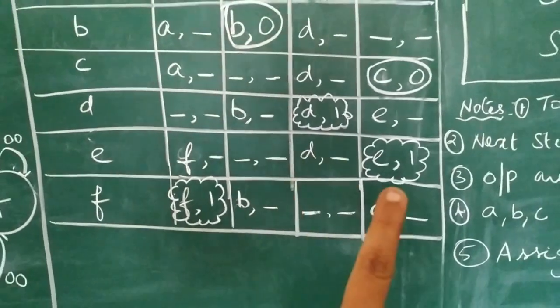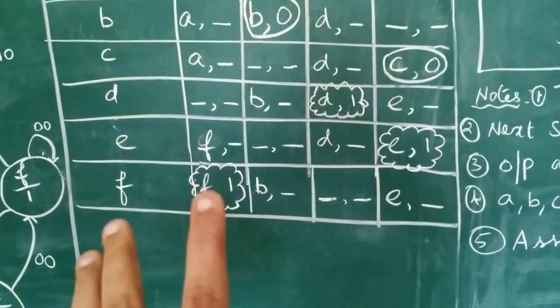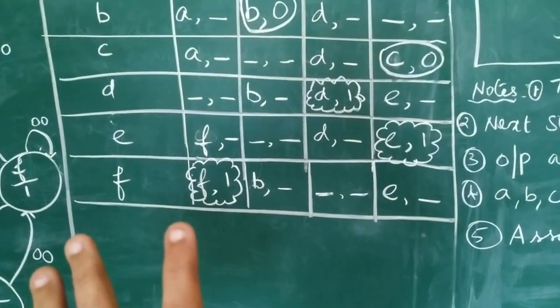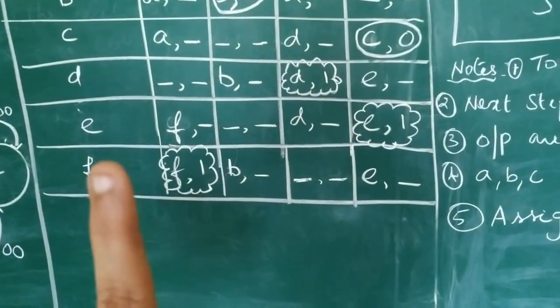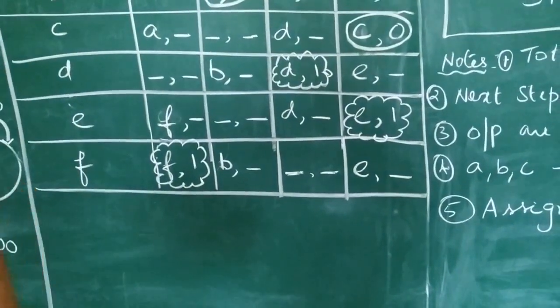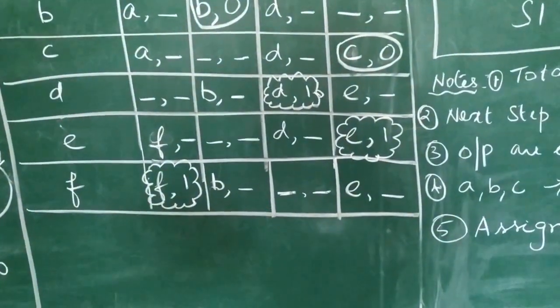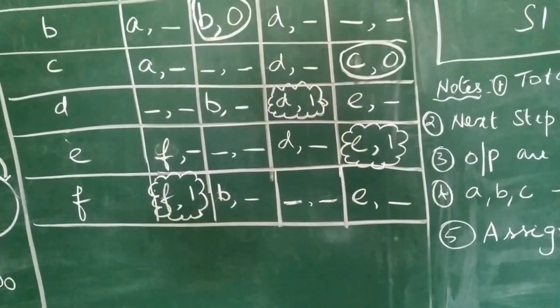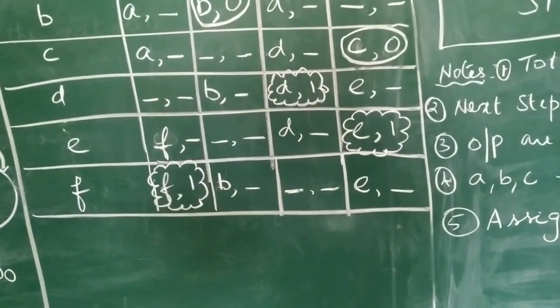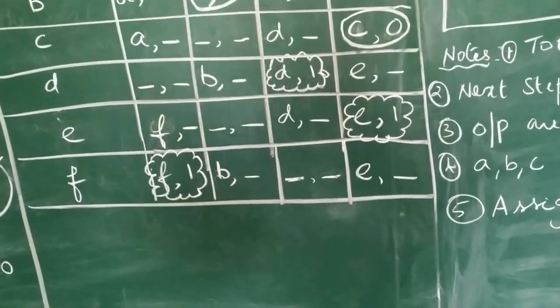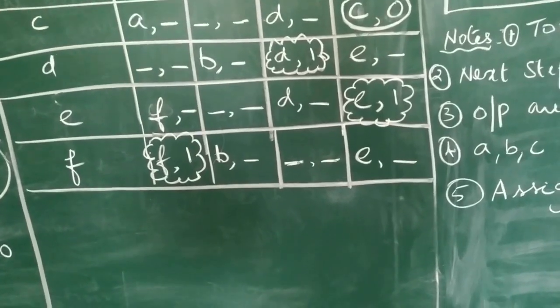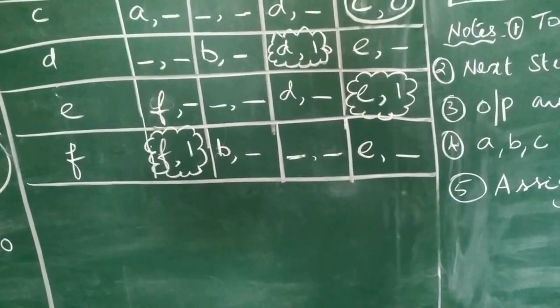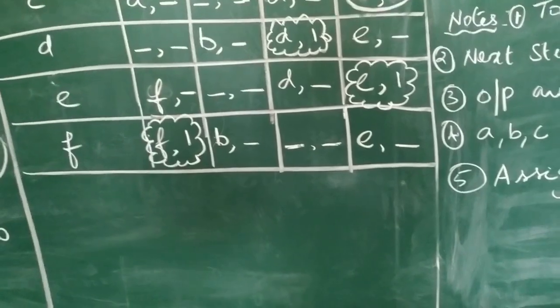So combine D, E and F into another group and assign them a value of 1 and a new state S1. So now we have A, B, C with value 0 and the new state S0. Thus one group is formed. The other group D, E, F is assigned value 1 and the state is S1. The other group is formed.